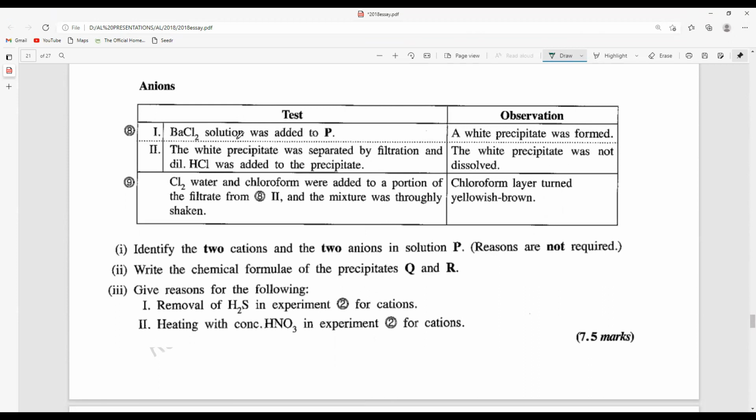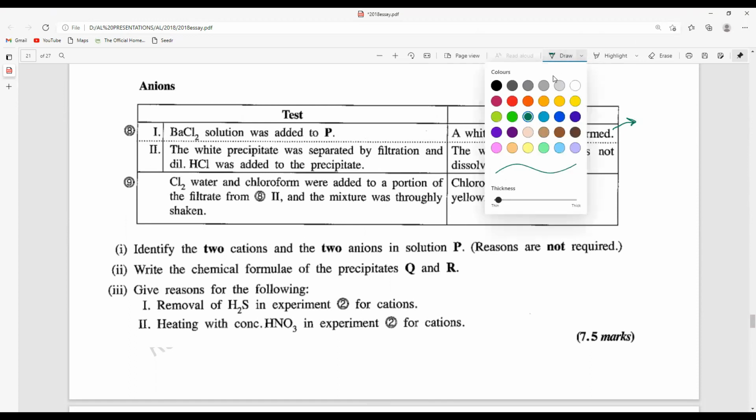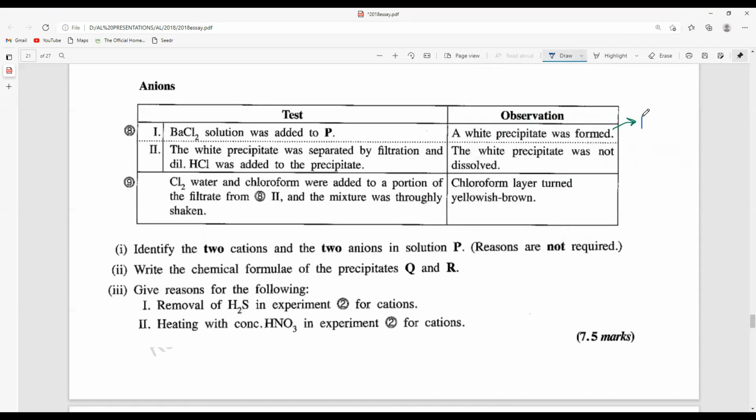Barium chloride solution was added to P, a white precipitate. If you remember, we have already discussed the addition of barium chloride in many cases. The white precipitate could be barium sulfite or barium sulfate. The white precipitate was separated by filtration and HCl was added.